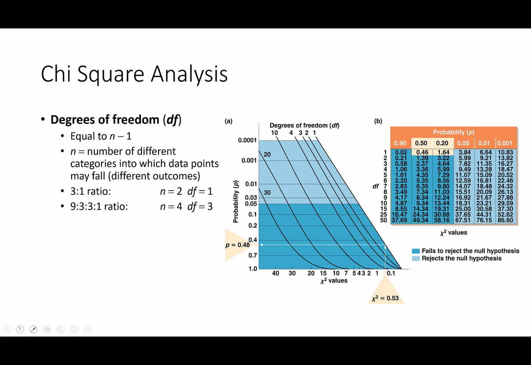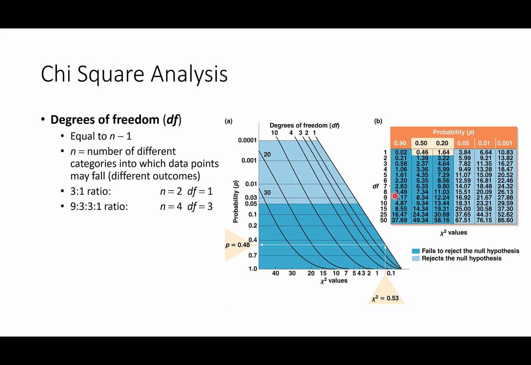P-values, I will either give you the p-value or you will calculate the p-value using a table. Typically you calculate your p's by using your degrees of freedom. The degrees of freedom for a chi-square analysis is n minus 1, where n is the number of different categories. In our first one, it was a 3 to 1 ratio. We just had dominant and recessive, so our n is 2, and degrees of freedom is 1.